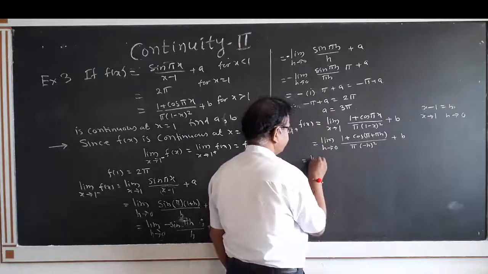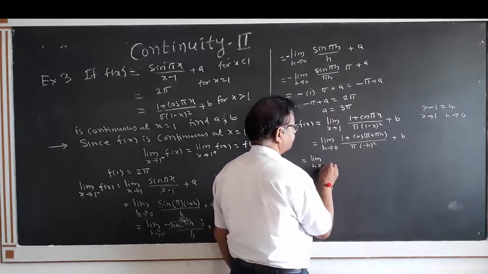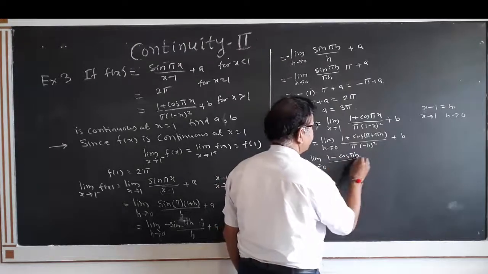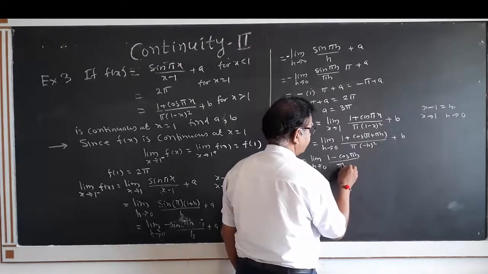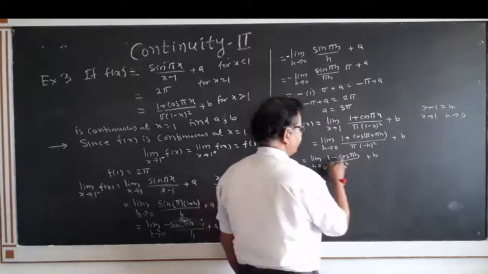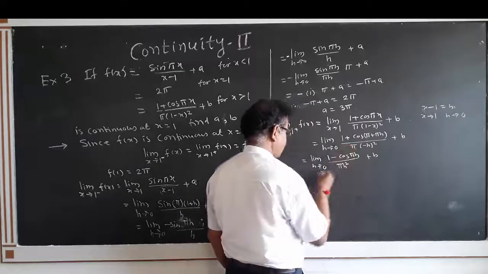Therefore, this can be written as limit h tends to 0, 1 minus cos of pi h divided by pi h square plus b. Here we shall multiply and divide by 1 plus cos of pi h.